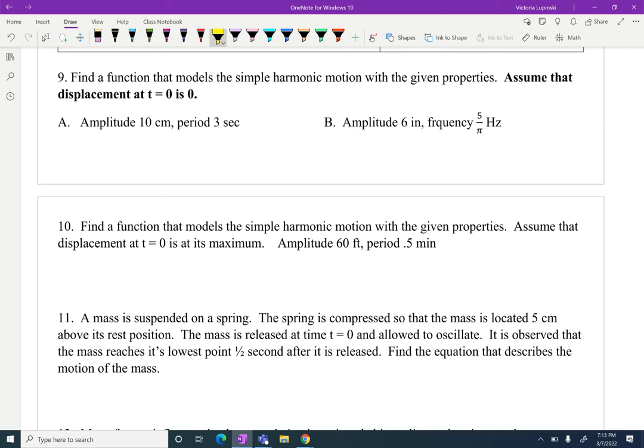If you're trying to determine if it's sine or cosine, I might tell you, or you might get to pick, or there might be a piece of information that you have to carefully find. So if they're telling you that the displacement at 0 is 0, you know that that's a sine wave because it goes through 0, 0. In the next one, if they're telling you that the displacement at 0 is at the maximum, that's how you know that it's a cosine.